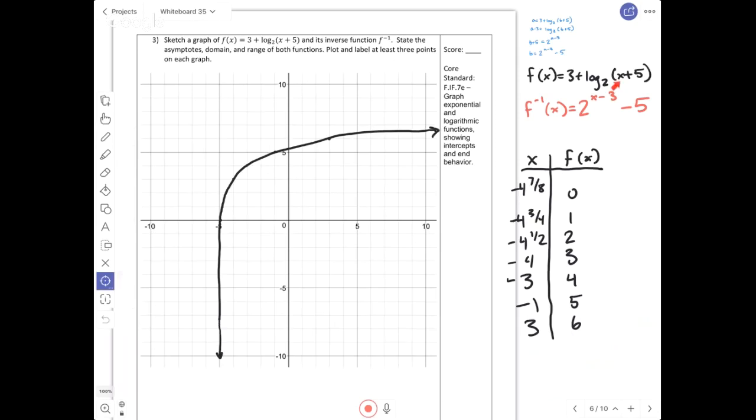Because a logarithm cannot have a negative argument, clearly the domain is the set of values greater than negative 5. You can't get negative 5 because negative 5 plus 5 is 0. The argument of a log cannot be 0. So here's the asymptote at x equals negative 5.